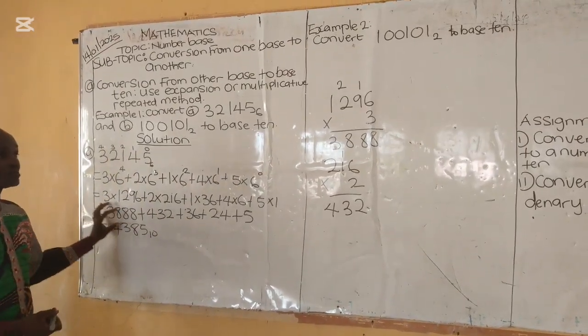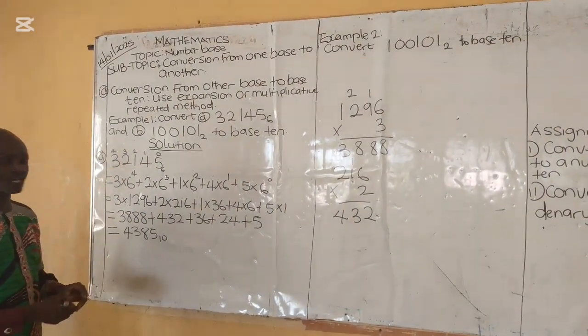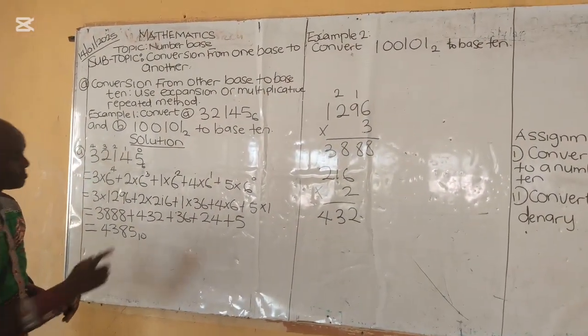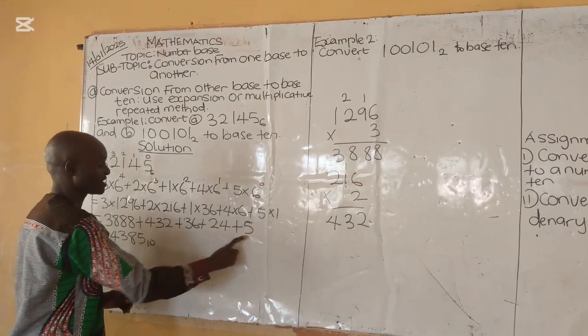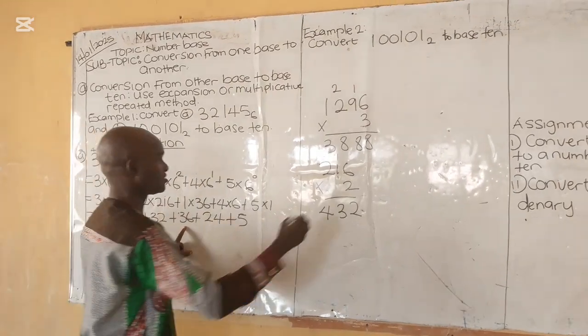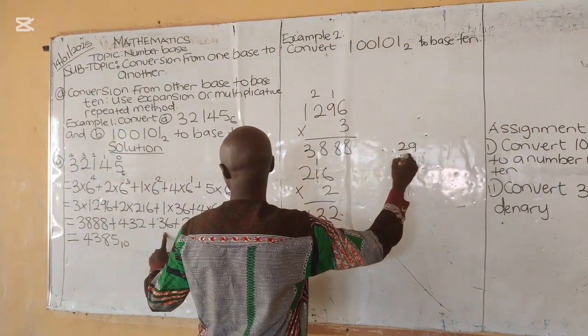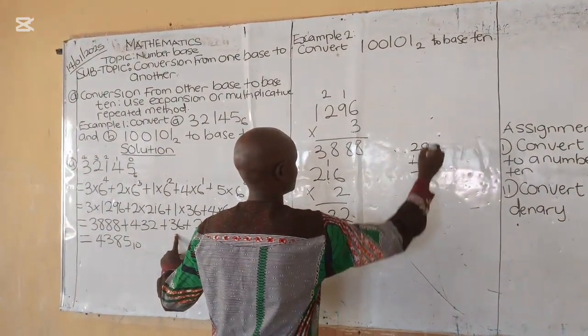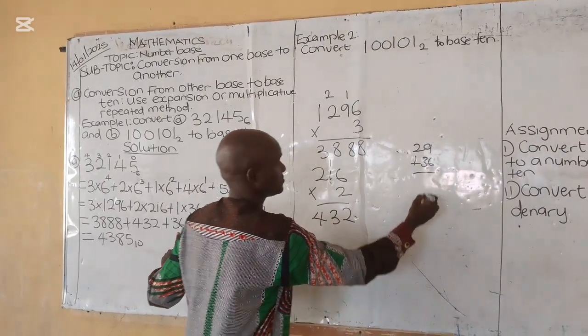Then the next step, we add all together. We can do the addition this way. 24 plus 5 is going to give you 29. Then we now go 29 plus 36. 9 plus 6 is going to give you 15.